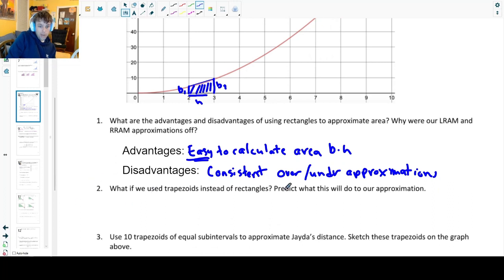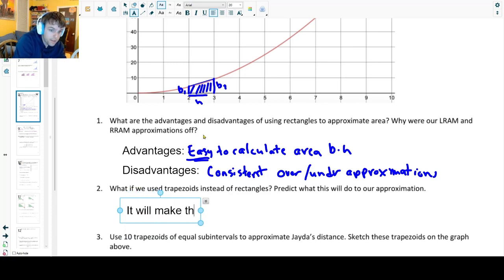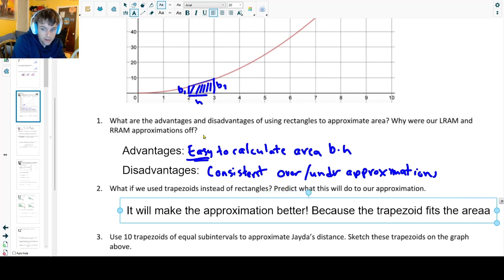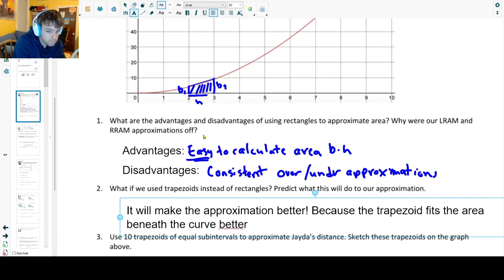So if we use trapezoids instead of rectangles, what's this going to do to our approximation? Well, it's going to make the approximation better, because the trapezoid fits the area beneath the curve better.